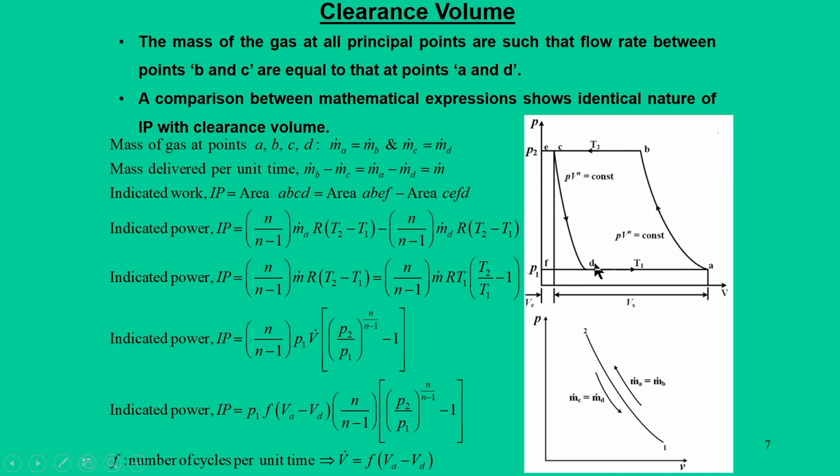And now, from this PV diagram we can easily calculate the indicated work, which is nothing but the area A, B, C, D, and this area is the difference of areas, that is, area A, B, E, F minus area C, E, F, D.